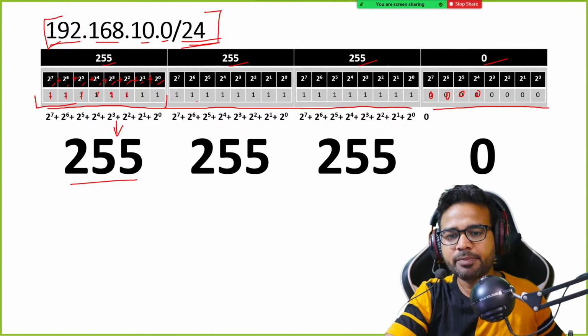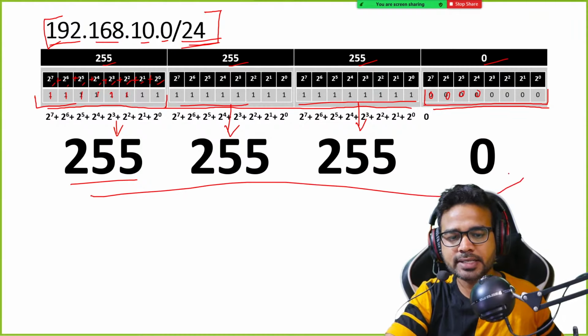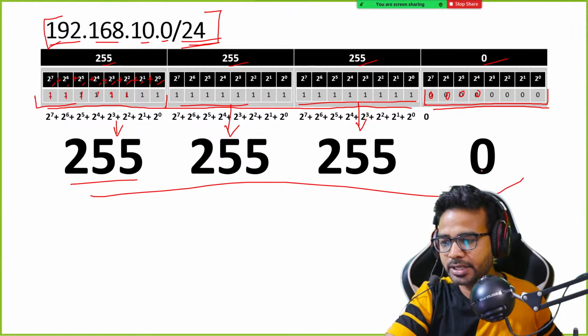Even here 8 bits are reserved for the network, so we got 255, right? But here 0 bits are reserved for the network. All the bits are host bits, there are no network bits, correct? Because of this reason, here we get 0. So this is the subnet mask of class C IP address.